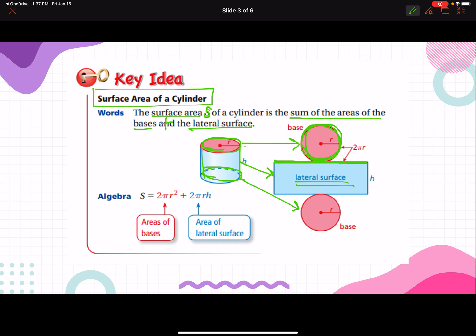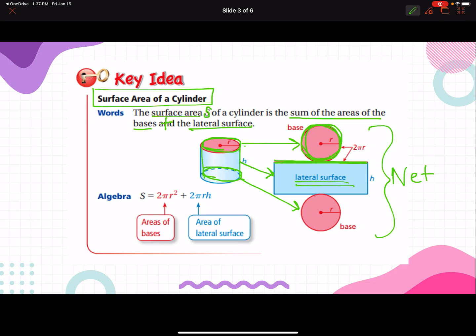That's why I use the word circumference. This right here is what we call a net, when we take a 3D figure and separate it and lay it flat. So we're going to call that a net of a cylinder.